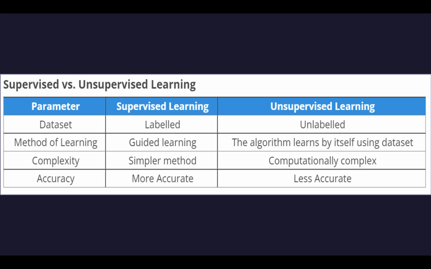And unsupervised learning is less accurate, but again, it doesn't mean that you shouldn't use unsupervised learning. Unsupervised learning is the only approach for a lot of tasks and for data that you have. You might not have a labeled data set, and you might need to use unsupervised learning for your unlabeled data set.